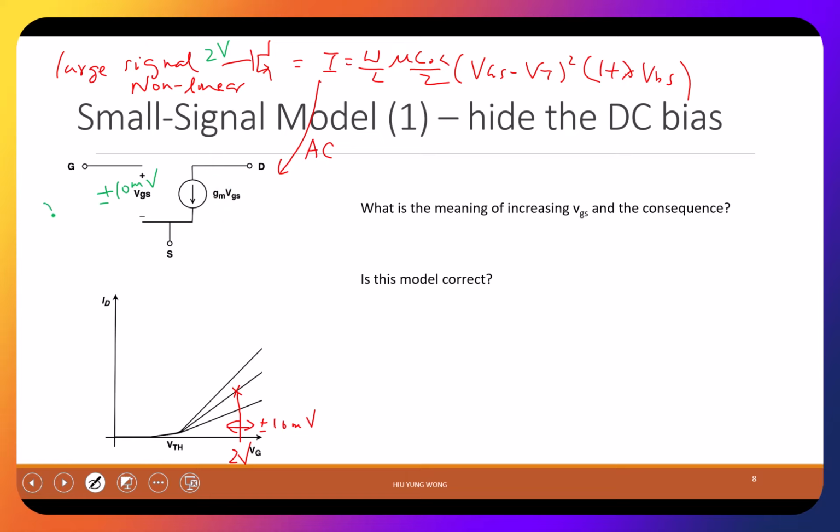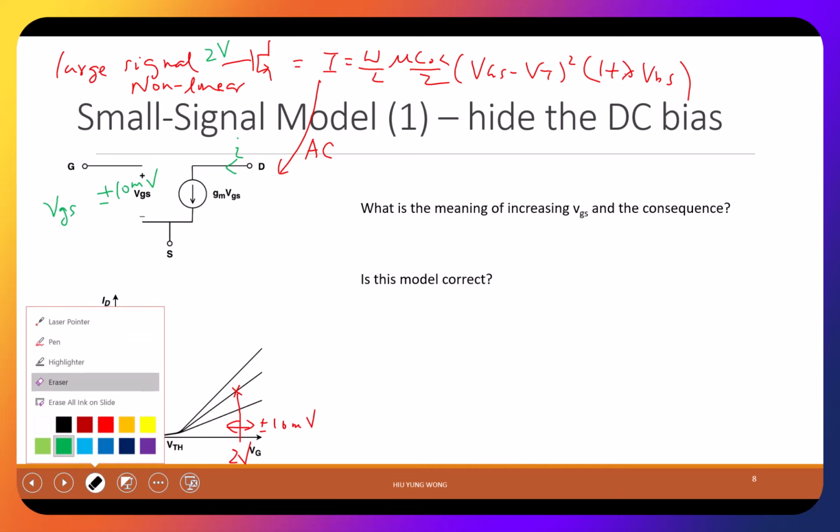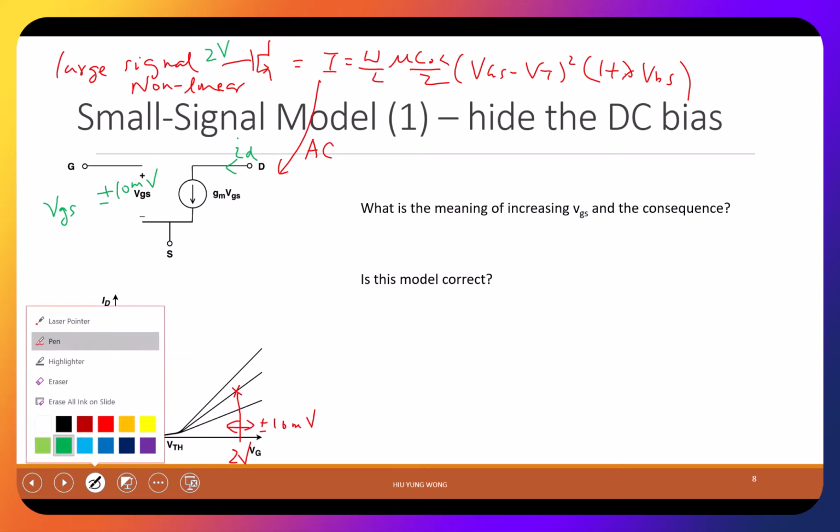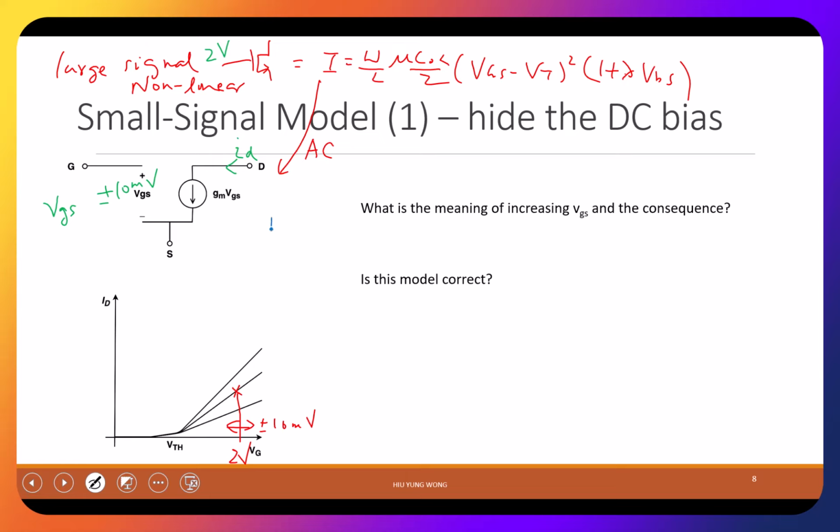So this is VGS and this is ID. Let me just remind you again, what is the meaning of increasing VGS? In the DC or total signal, maybe I change it from 2 volt to 2.01 volt, to 2 volt, to 1.99 volt.